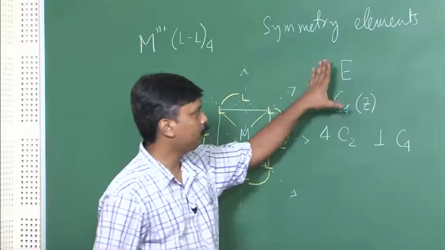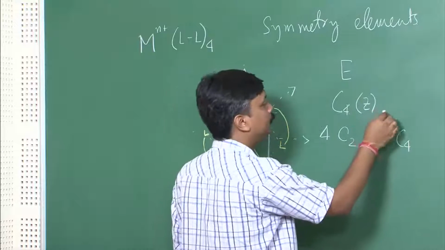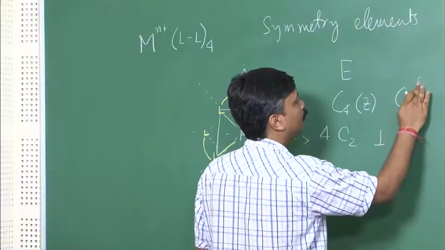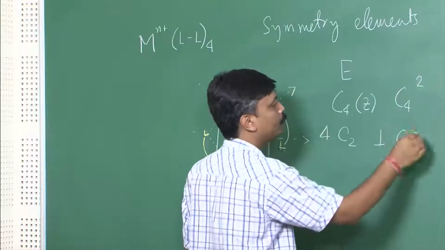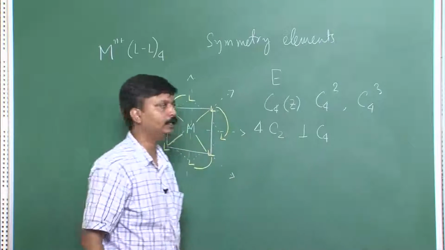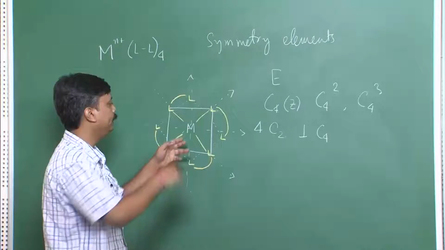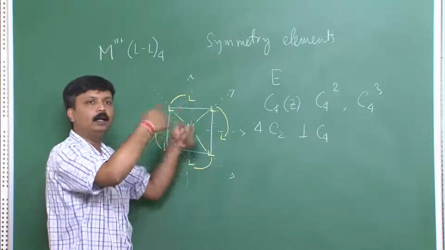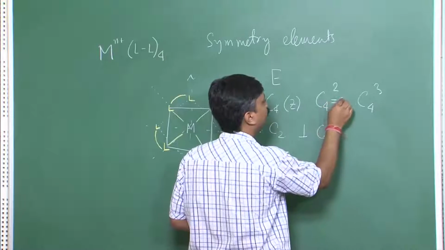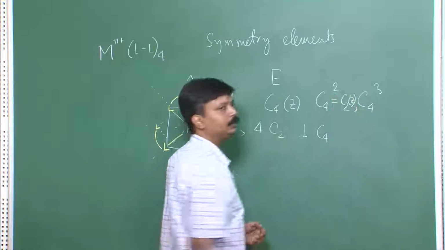Now the identity will generate only one operation, identity, and C4 will generate C4^2, C4^3, and C4^4 is identity. Now C4^2 is nothing but rotation about the same Z axis by 180 degrees, so this one I can write as C2 along the Z axis.